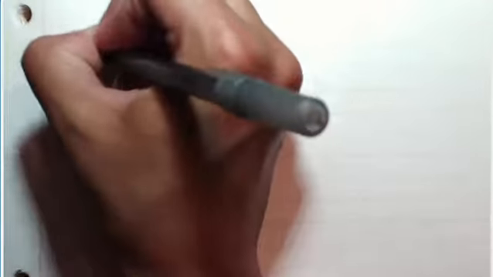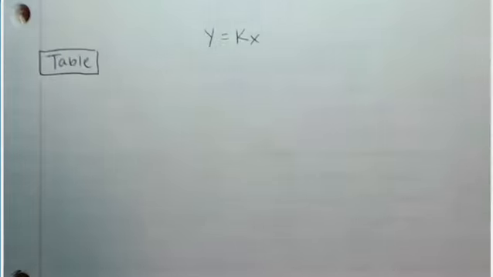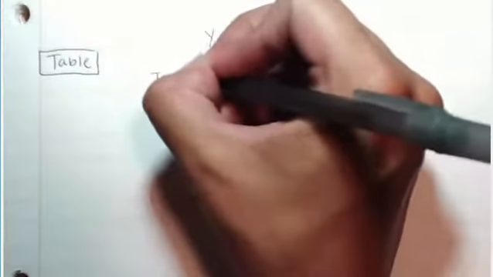Now let's determine the direct variation from a table. So again, our equation here for any direct variation is y is equal to kx. K is our slope. So I need to find the slope from my table. Okay, and the way we do that is to find the k.